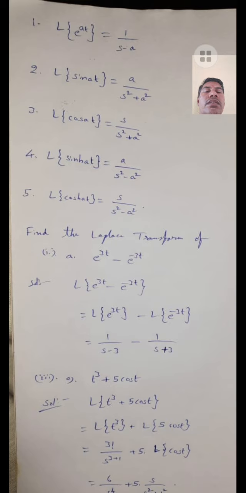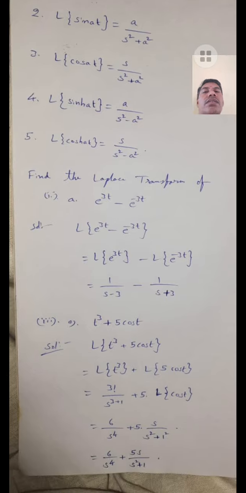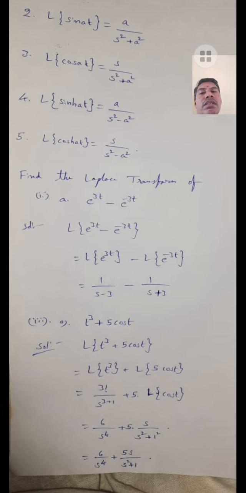Laplace transformation of cos at equals s by s square plus a square. Laplace transformation of sinh at equals a by s square minus a square. Laplace transformation of cosh at equals s by s square minus a square.